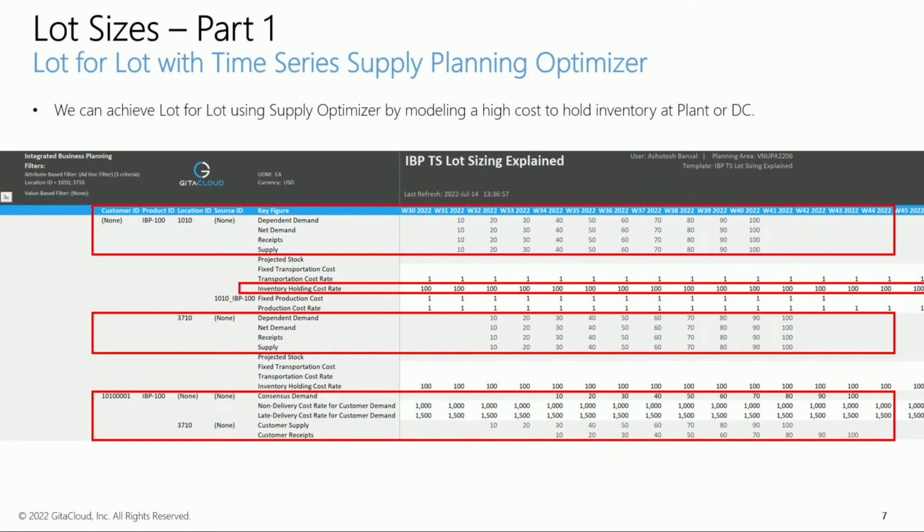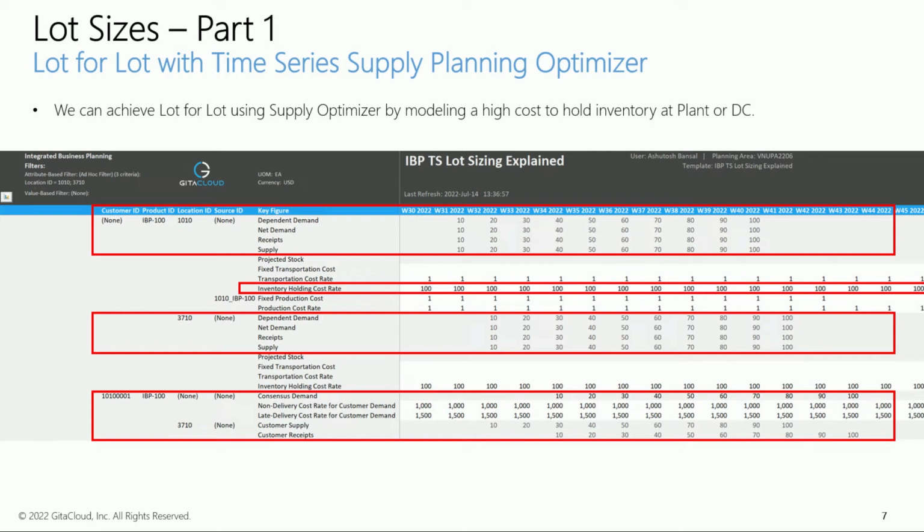Let's see how time series supply optimizer can be made to plan lot for lot. Technically, supply optimizer ignores the lot sizing procedure maintained in location product master data type. Optimizer calculates optimal lot sizes to minimize overall costs across various costs, such as production cost, transportation costs, inventory holding costs, etc. However, we can achieve the lot-for-lot strategy in Optimizer by modeling a high cost to hold inventory at plant or DC, compared to the production or transportation costs.